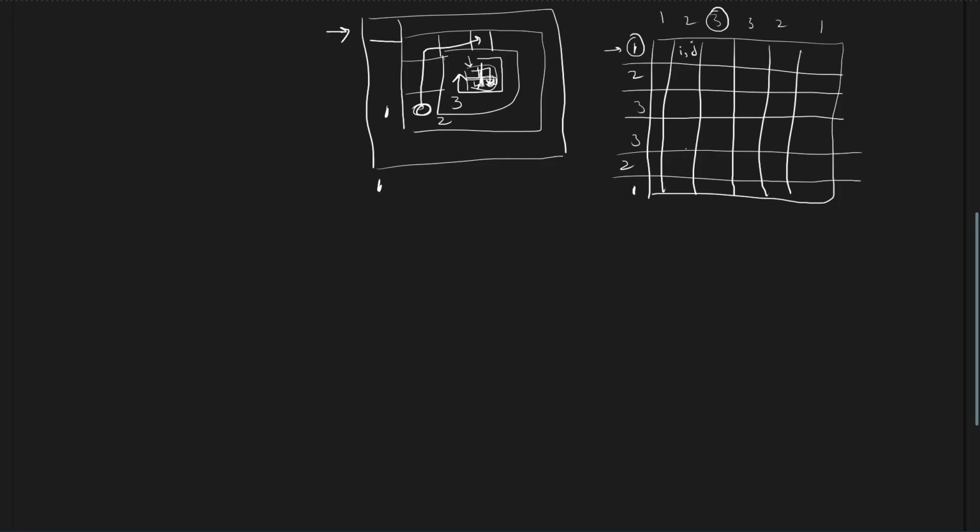If I talk about this particular cell, the address should be 4 comma 5, but the values are 3 comma 2, right? So the level of this particular cell is the minimum of these two values, that is 2. If you observe, this is correct, and it will lie in level 2, because this is the outermost level and this is the inner level, right? So the level of any cell is always the minimum of these two values.